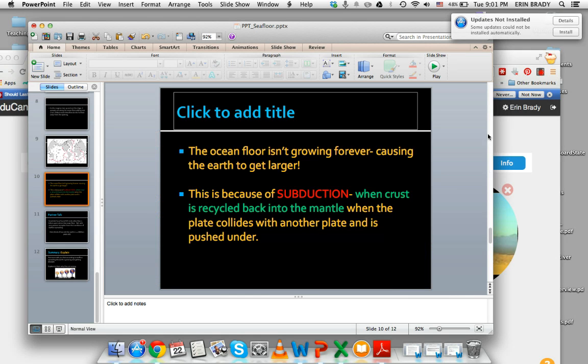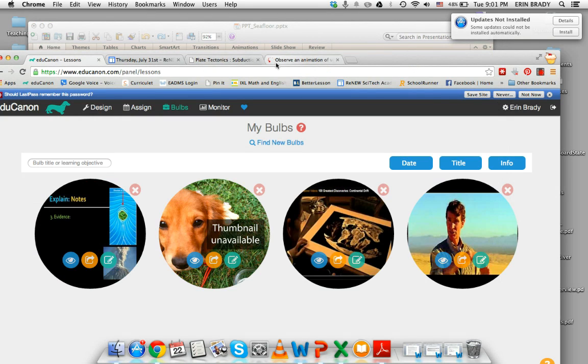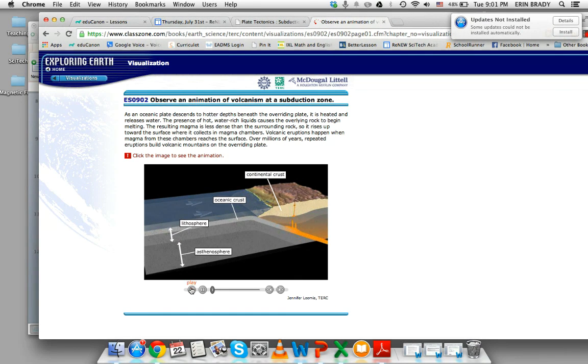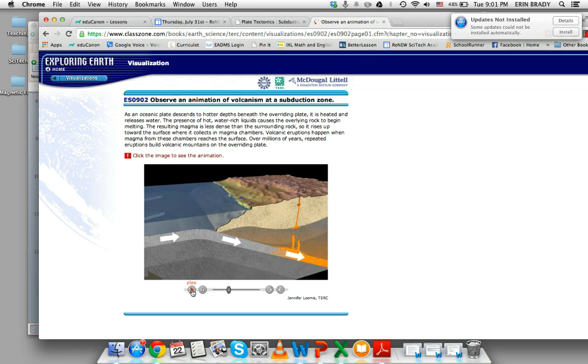So I'm going to show you an example of this. Here we have the plate that was spreading away from another plate in the middle of the ocean, but it's going to again hit another continental plate, and watch what happens. It gets pushed underneath the other plate.